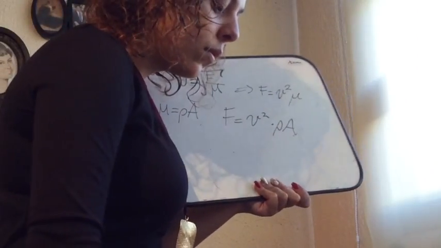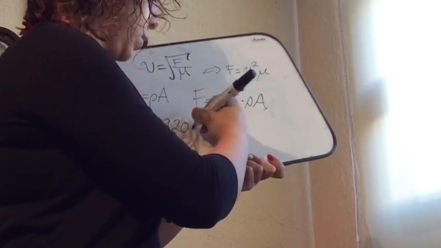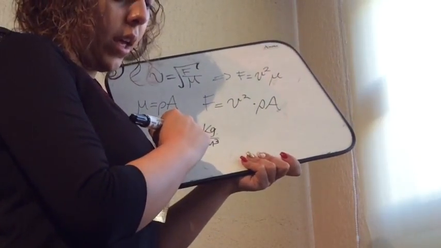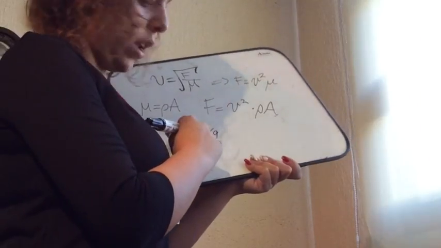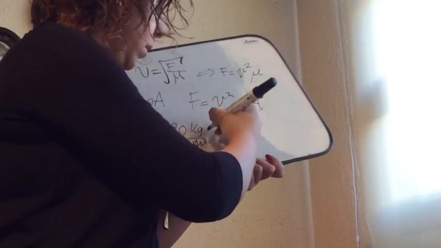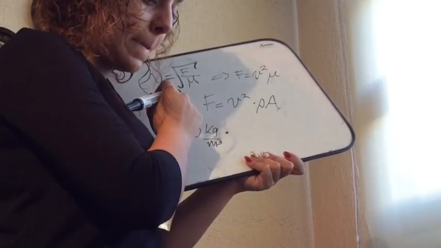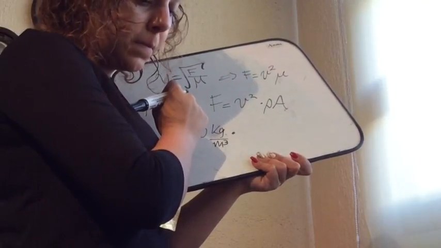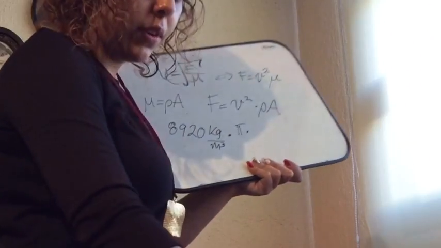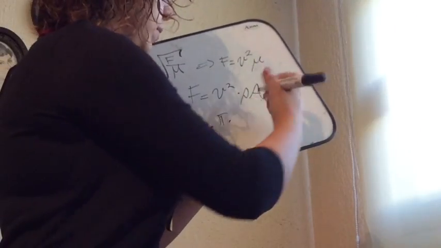So the density in kilograms per cubic meter, which are the units we're using here for force, is 8,920. So we're going to multiply this times the area, which is pi times the radius squared. So it's pi times, we're given here the diameter, so it's not 1.50 because we need it in meters.